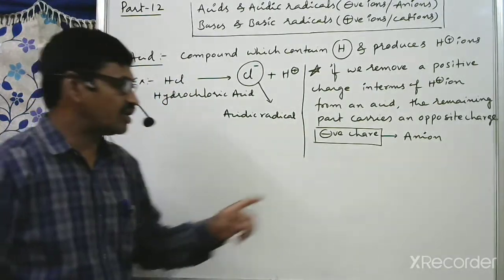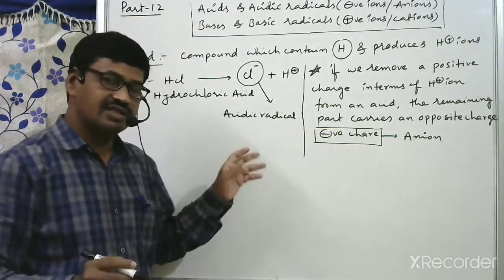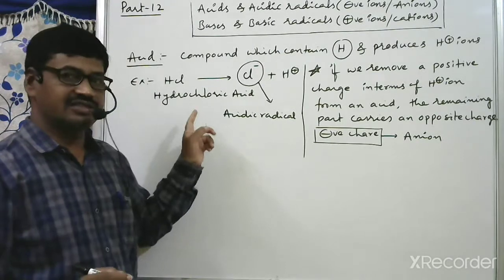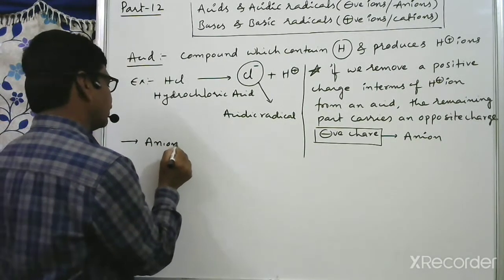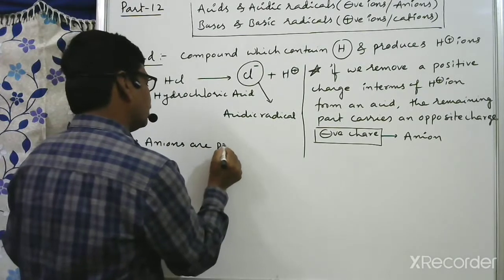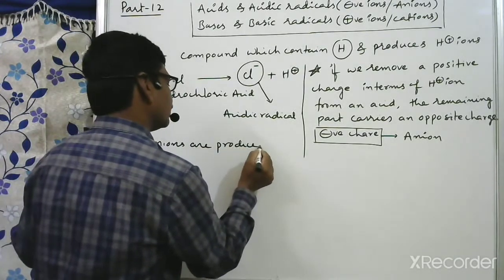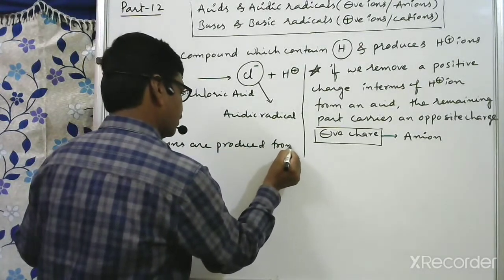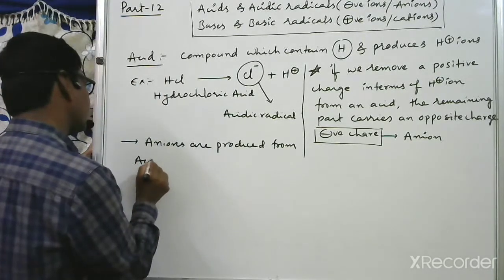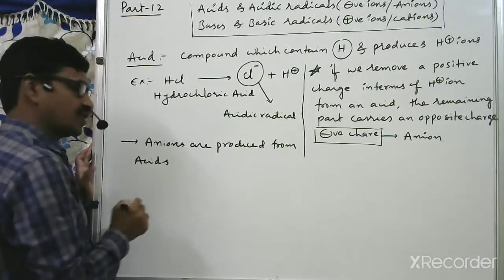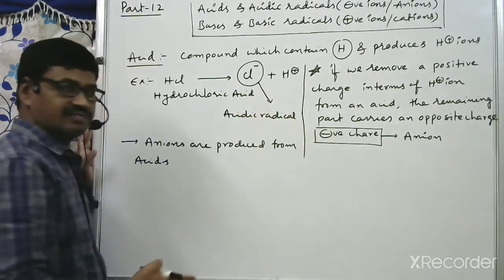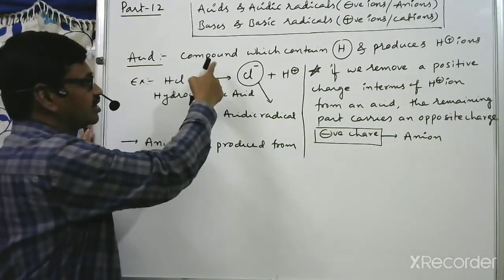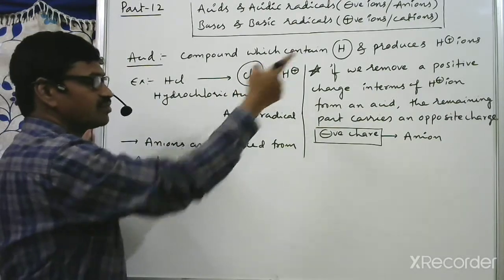Why are anions called acidic radicals? Anions are produced from acids. Anions are produced by acids by losing H plus ion, because acid is a compound which contains hydrogen and produces H plus ion.